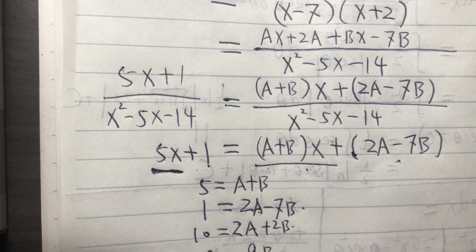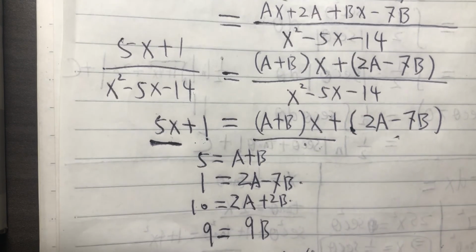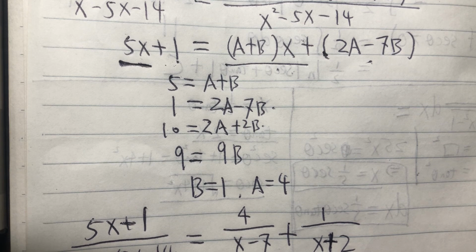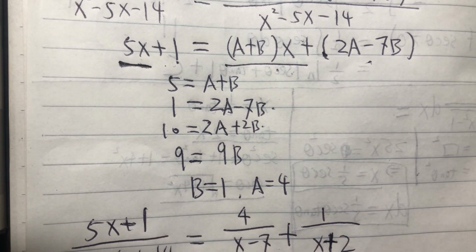Compare the coefficients of the constant term and the linear term, and then solve a linear system. Then you can write the original function as simpler functions. Then it's easier to do the integral.